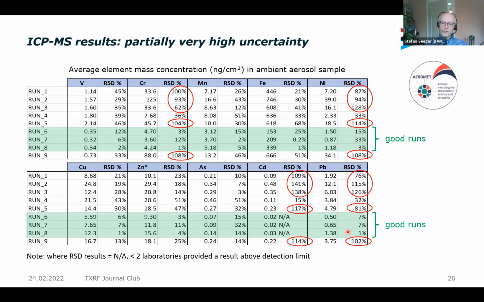And that was something where we were a little bit surprised, because we did blank checks on the filters before, but nevertheless we had to face a contamination problem. So these runs were not good for comparison, and we only took the good runs where ICP-MS showed reasonably low uncertainty in the measurement of the different key pollutants which we wanted to determine here.